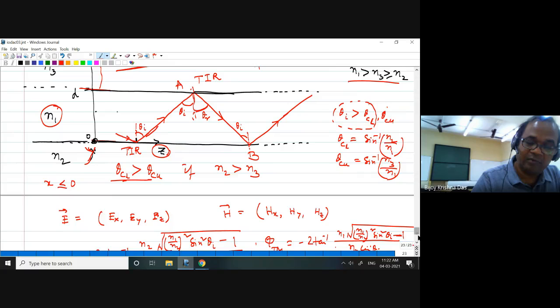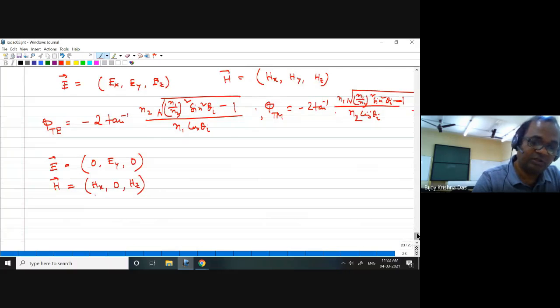And when I'm talking about TM, then the E field will be opposite, right? It will have an X component and a Z component.